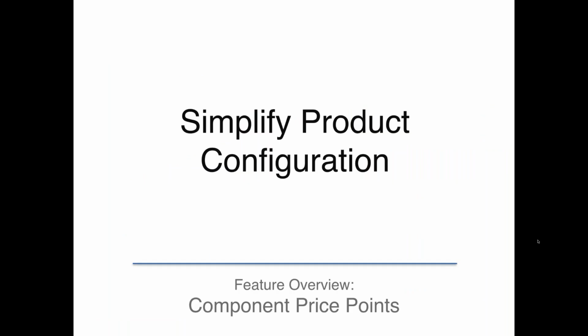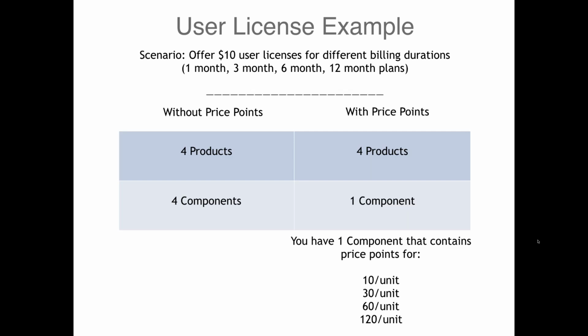And finally, let's look at simplifying your product configuration. So a common example that comes up is SaaS companies who offer user licenses. So for example, $10 per month for each user license, but for different billing durations, 1 month, 3 month, 6 month, and 12-month plans. Without price points, this would require 4 products and 4 components.